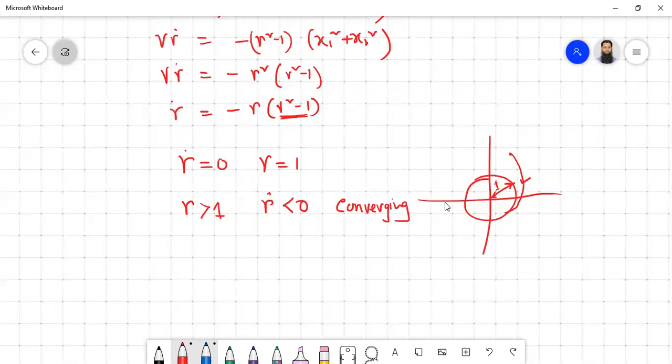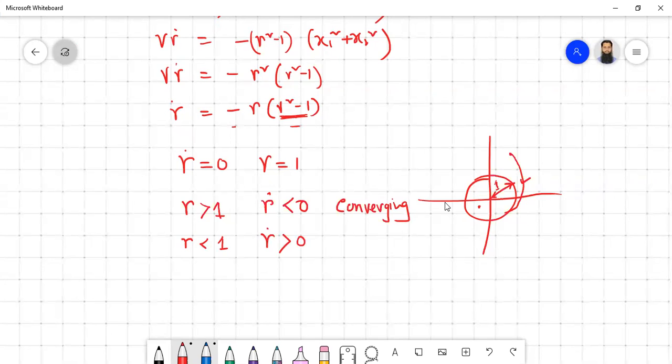Now from the inside, what will happen? So just take any point inside, that is, r is smaller than 1. So if r is smaller than 1, this quantity is becoming negative. So negative, negative. The r dot will be actually now greater than 0, or positive.